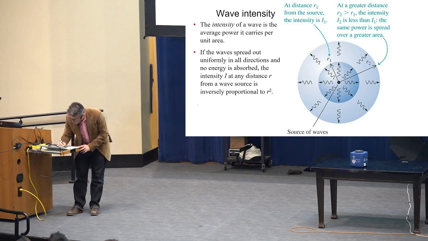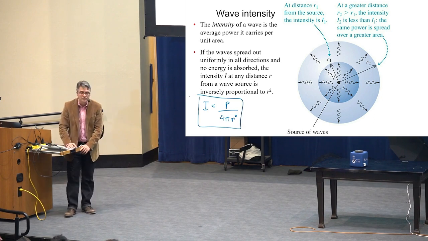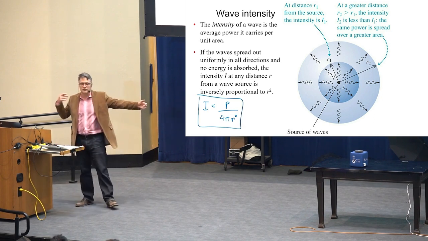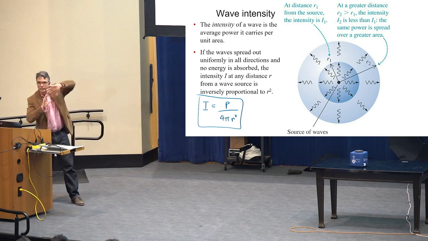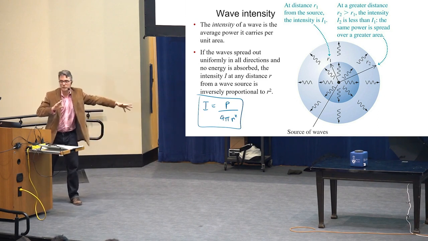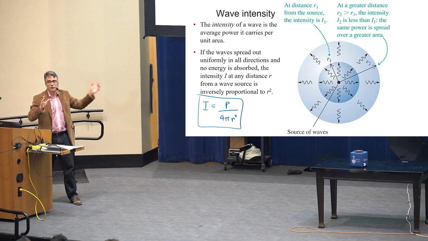If it's a whole sphere, then its intensity is equal to the power divided by 4 pi r squared, because 4 pi r squared is the surface area of a sphere. So if you're listening to some source at a distance r, and it's putting out some power, that power will be spread out, if it went in all directions, over a sphere of radius r that has an area 4 pi r squared, and you'll just hear a little bit of it.